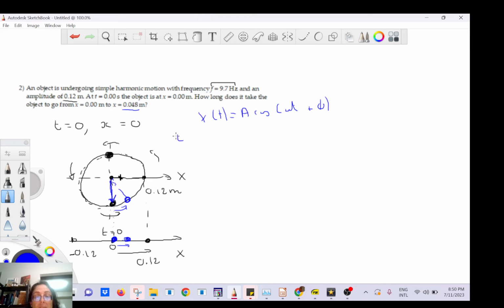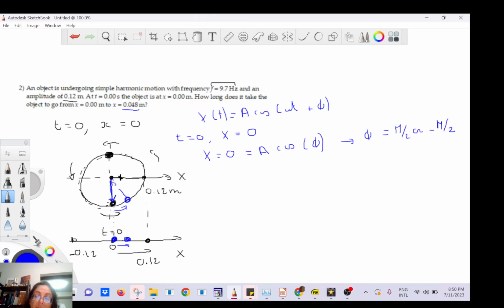So what does it mean? t equals 0, x equals 0. So you plug 0 inside, so x equals 0 equals A cosine phi. That means phi has to be either pi over 2 or minus pi over 2.